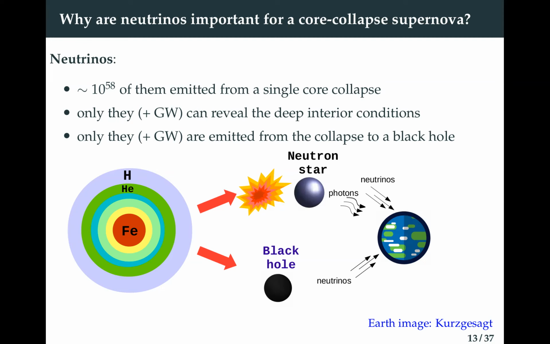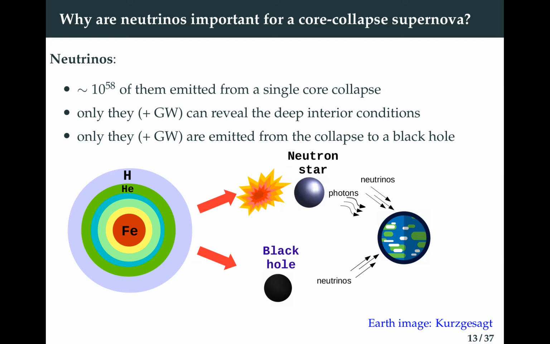It starts collapsing and we can get a supernova explosion, which is visible also in photons, but also in neutrinos, as they carry 99% of the burning energy. They very easily escape. Or we can get a direct collapse to a black hole, and we will probably only see neutrinos, maybe some visible light, potentially also gravitational waves.